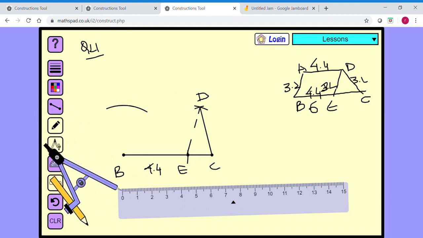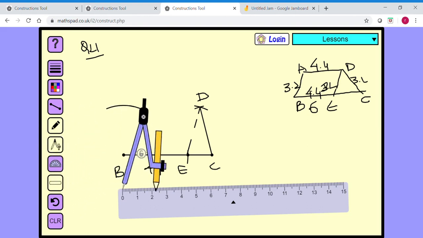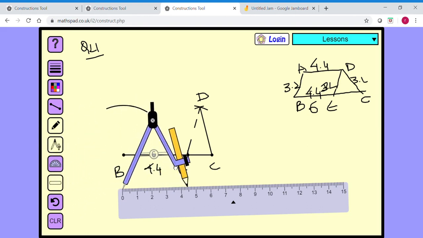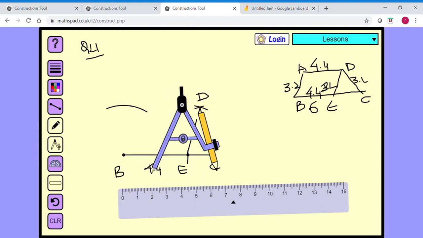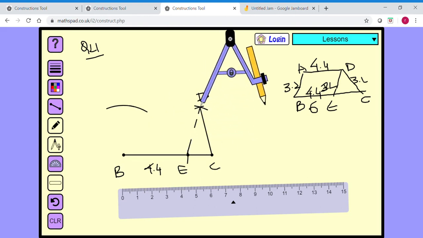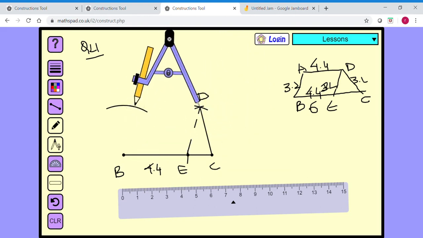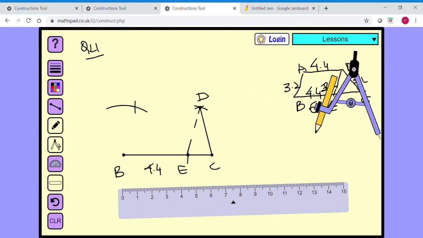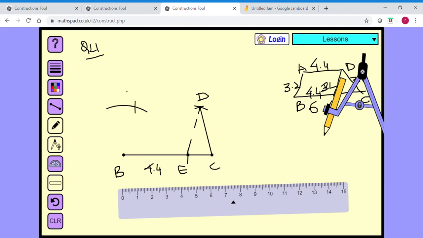Before I do that, I need to measure 4.4. This is 4.4. I keep it at D and cut an arc of 4.4. Perfect. So this is point A for me, which is at a distance of 3.2 from B and 4.4 from D.